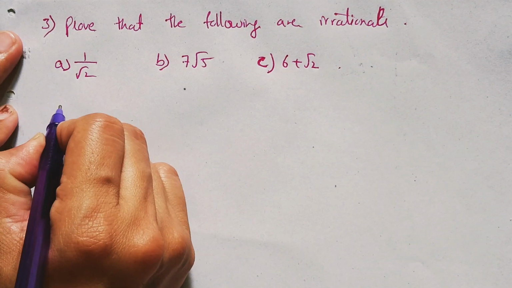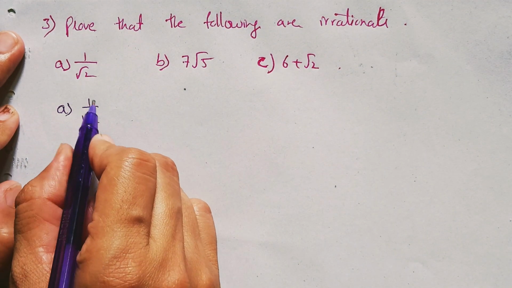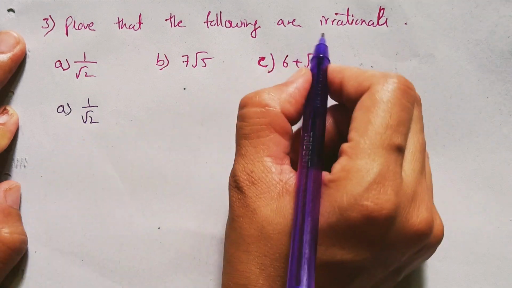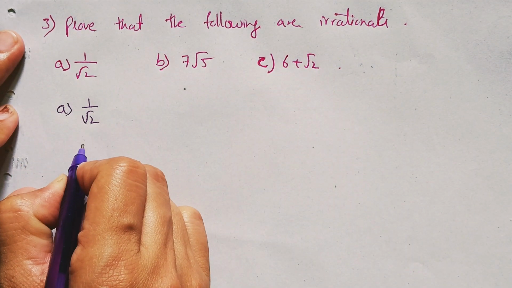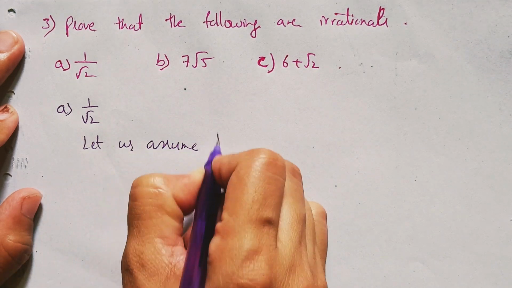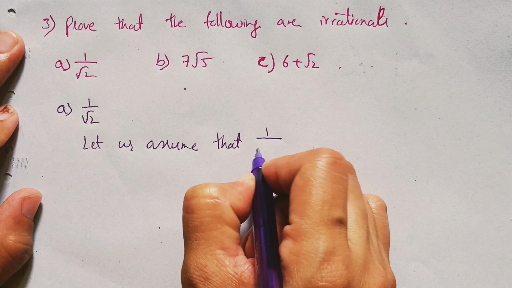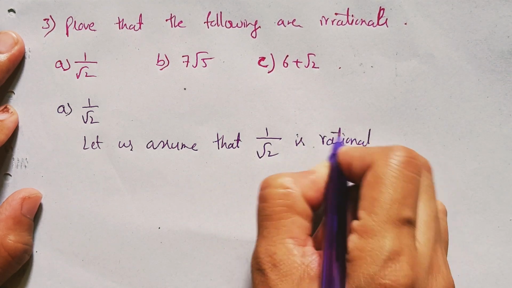Let's do the first one. A is 1 by root 2. If we have to prove that this is an irrational number, let us assume that this is rational. Let us assume that 1 by root 2 is a rational number.